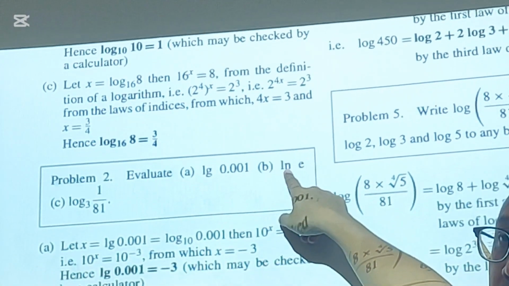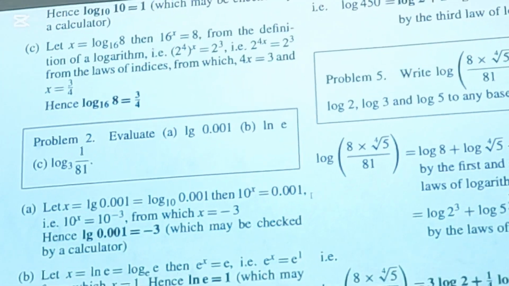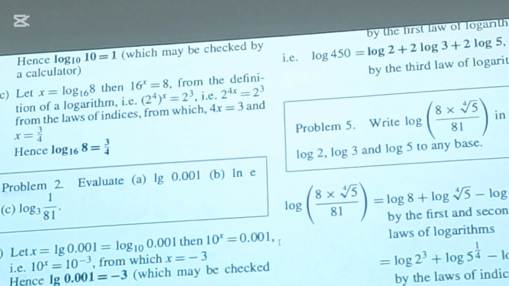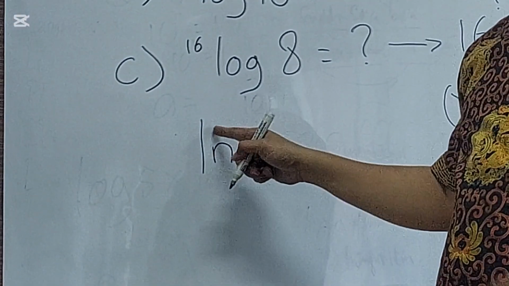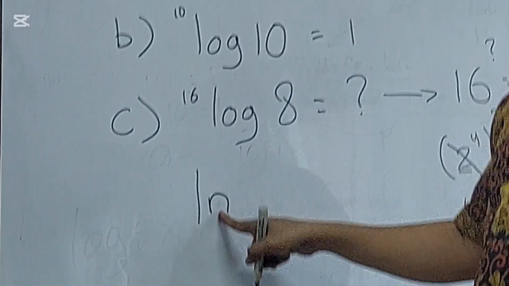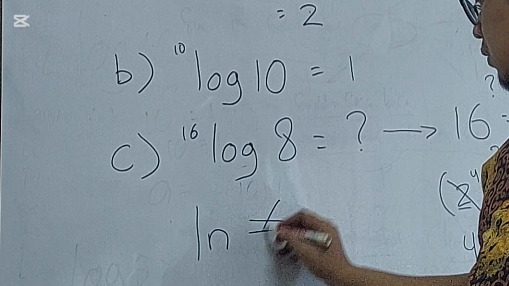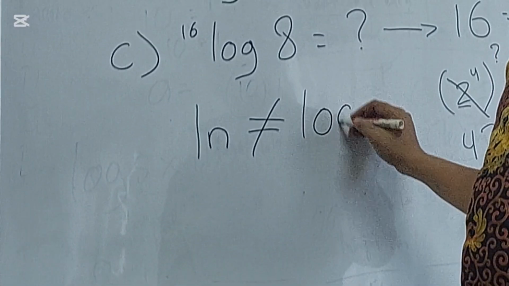This is also logarithmic, but B is written with ln, which is different from log.